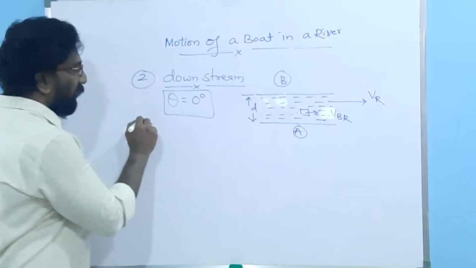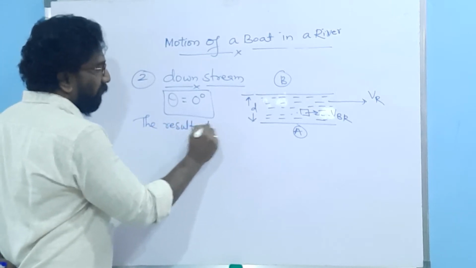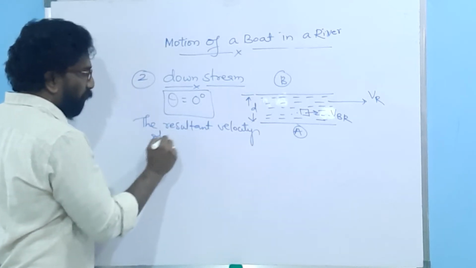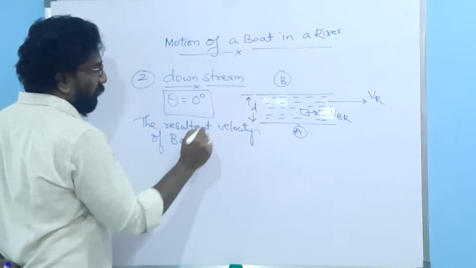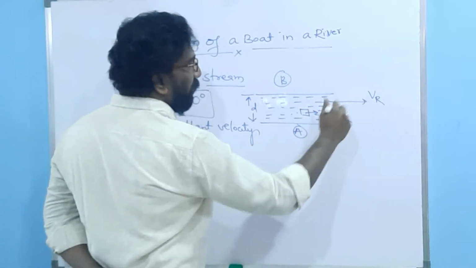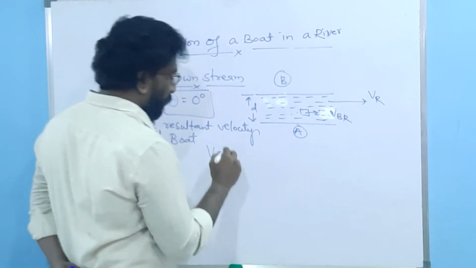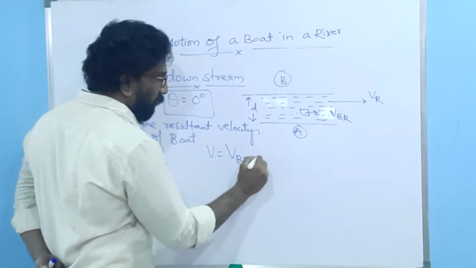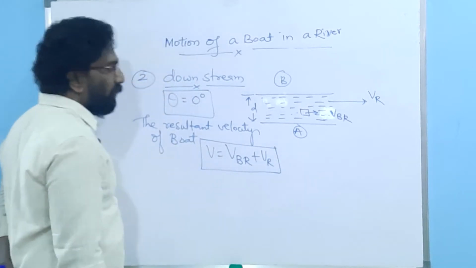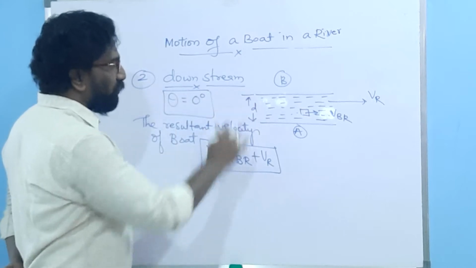So now the resultant velocity of the boat is given by V is equal to a summation of VBR plus VR. This is the resultant velocity of a boat moving in a downstream motion.